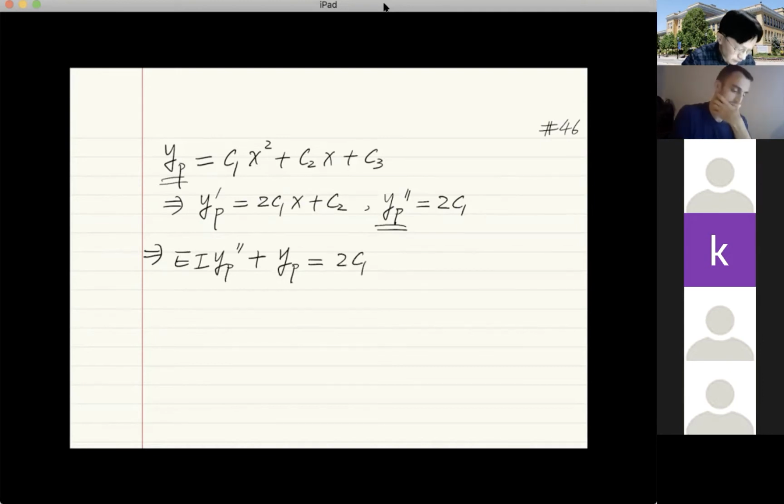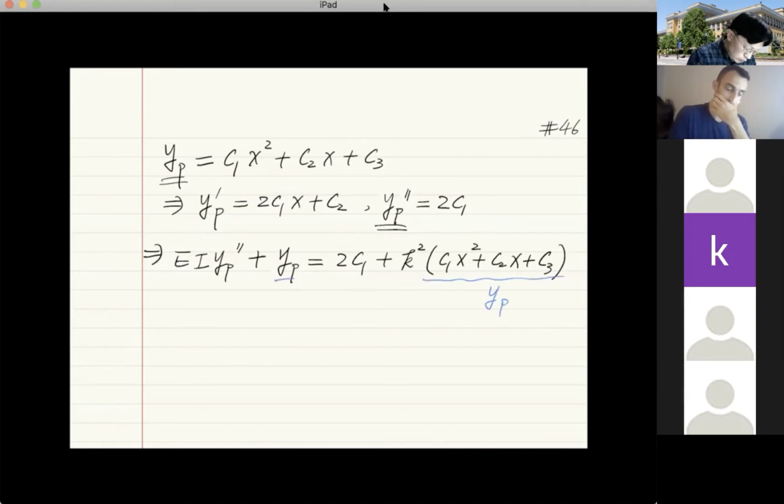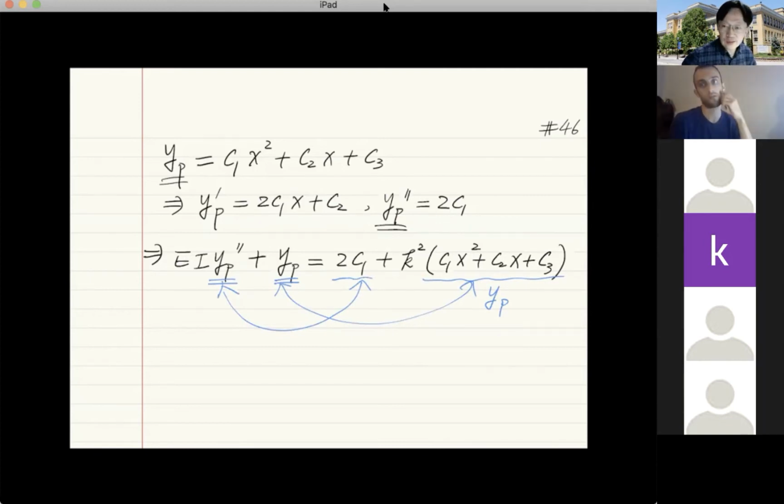That equals 2C1 plus K squared times C1x squared plus C2x plus C3. This part here is just yP, and your 2C1 is this part. Then by comparing the terms, we can deduce the following.